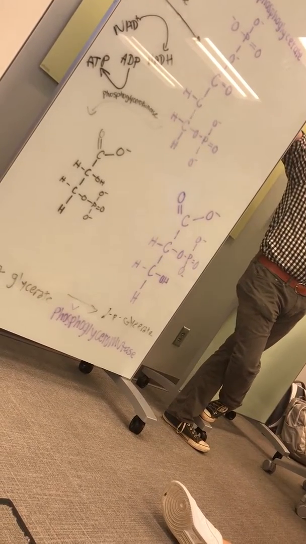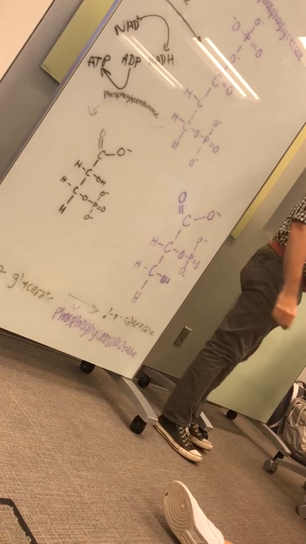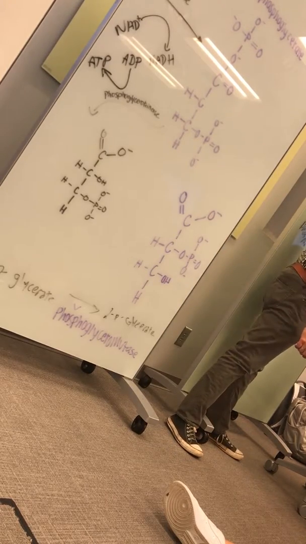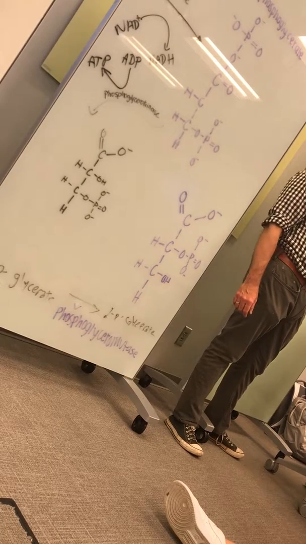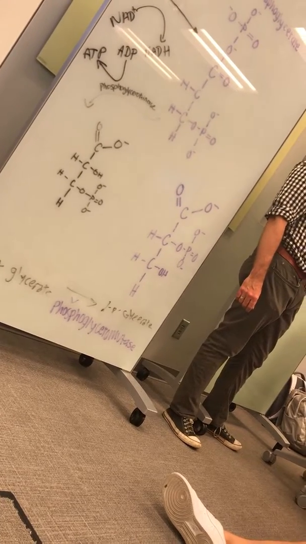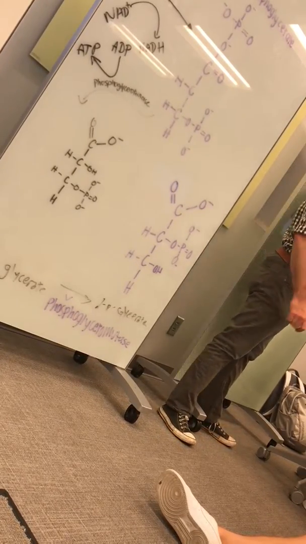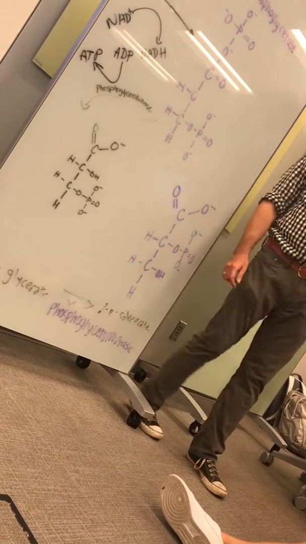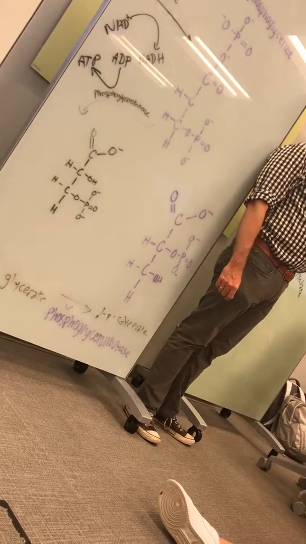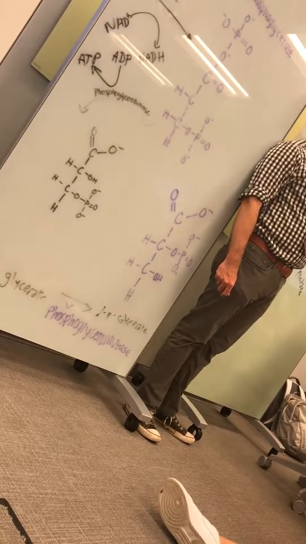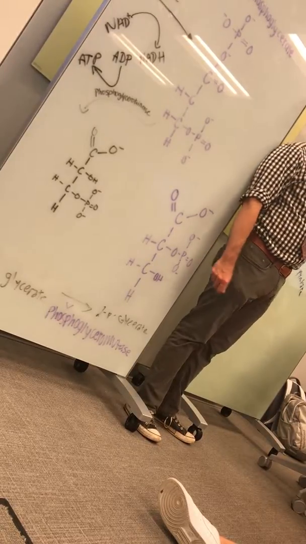You also said it takes off that carboxyl group. So it takes off that carboxyl group and it gets released as carbon dioxide. Okay, so take a deep breath, release it. 1/3 of that exhalation, that carbon dioxide, is coming from pyruvate oxidation.